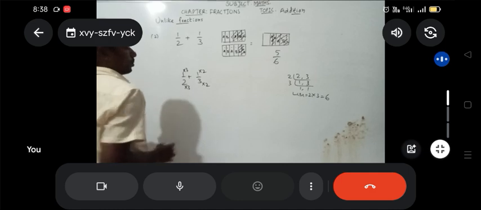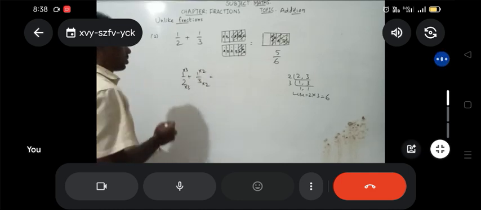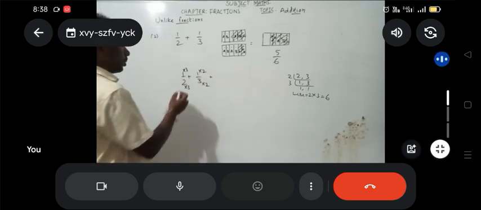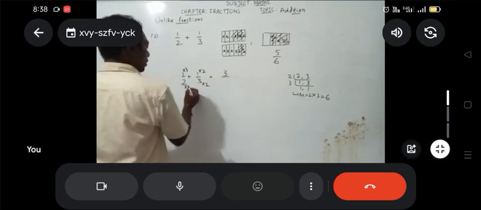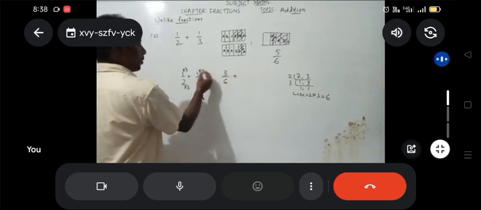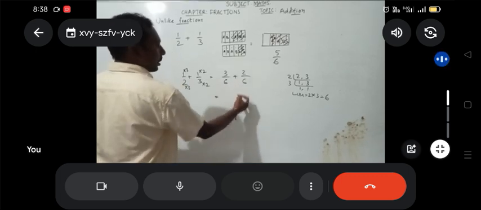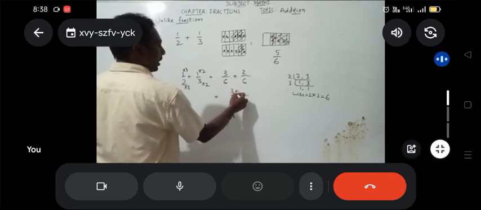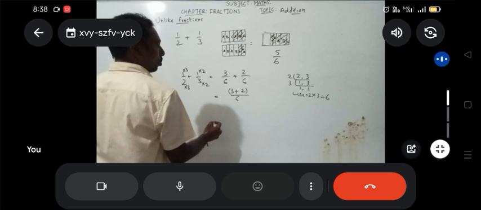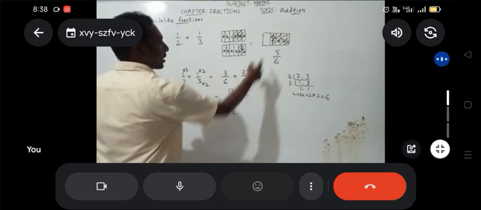The resultant fractions will be 3 ones are 3, 2 threes are 6, plus 2 ones are 2, 3 twos are 6. The common denominator is 6. First numerator is 3, second numerator is 2, so 5 by 6. The same answer.